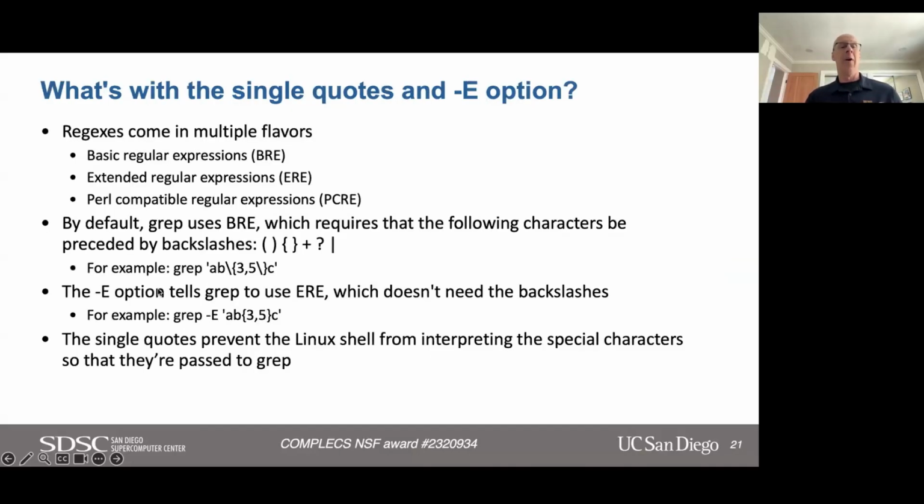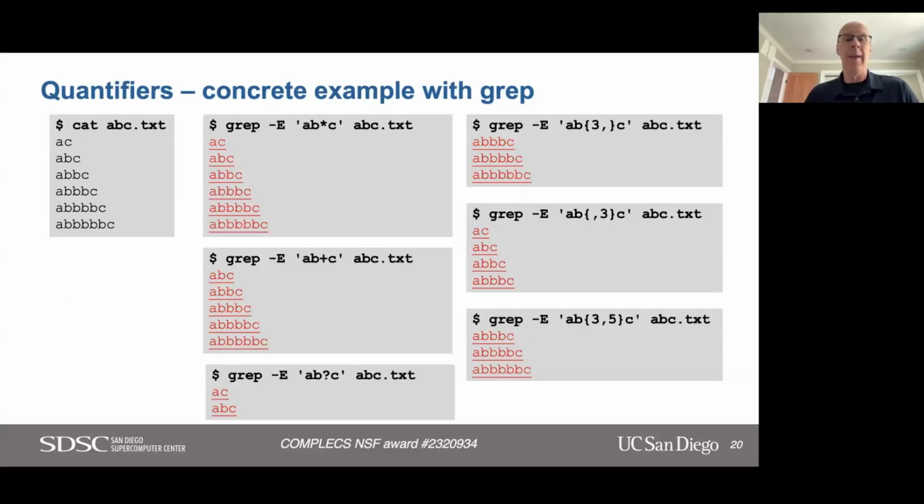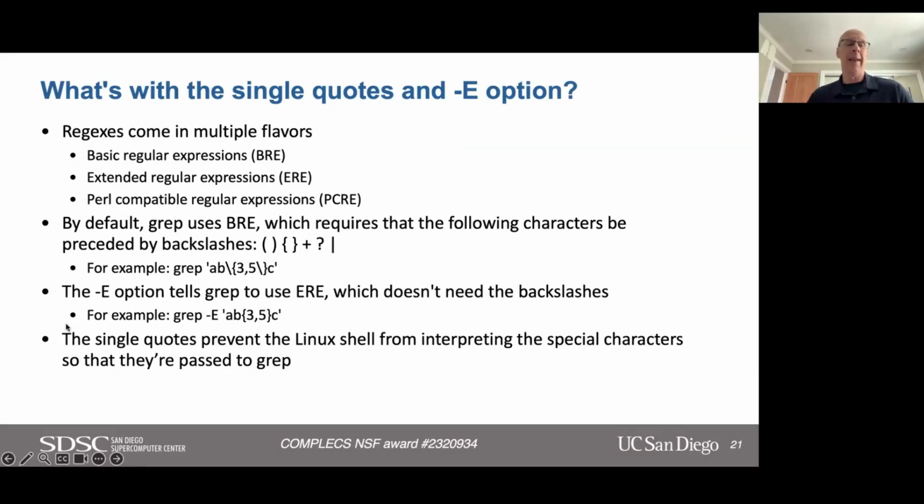All right, so you notice though, in addition to the quantifiers that I introduced some new syntax. You'll see that we have a capital E flag following grep, and we have the regular expression enclosed within single quotes. So the reason we did that is regular expressions come in multiple flavors.